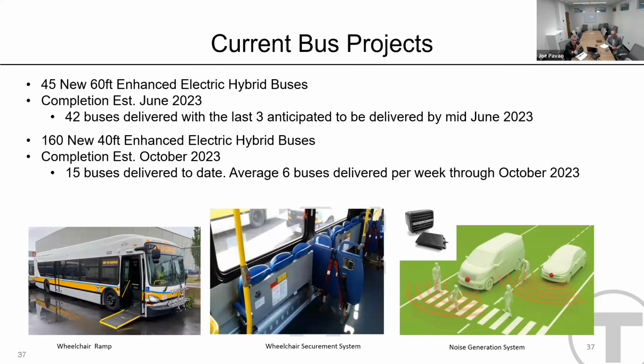To prevent any kind of pedestrian issues, we've incorporated a sound generator that develops a white noise from the vehicle at 0 to 20 miles an hour, to identify that there's a bus coming, and we're excited to get that introduced into the vehicles and moving into that new electric mode notification.